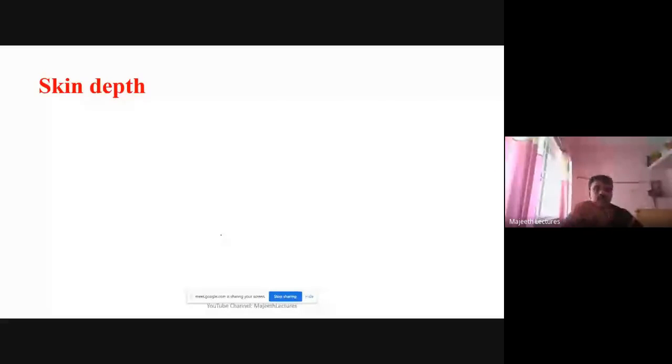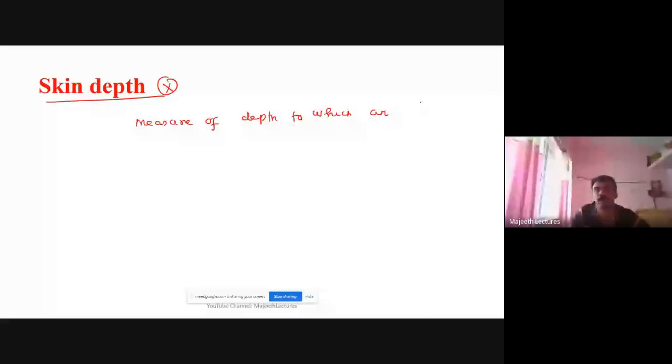Now, the next parameter, a very, very important parameter, lot of questions will come from this area: skin depth. So what is skin depth? It is a measure of the depth to which an EM wave can penetrate the medium.